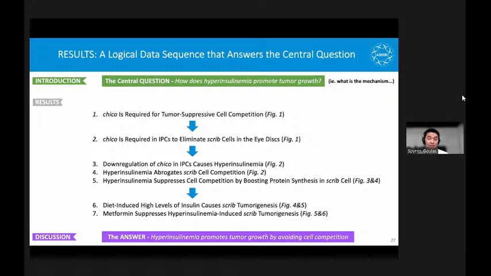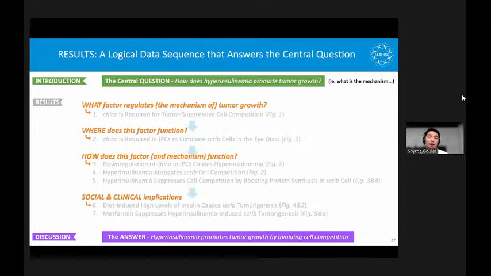For the purposes of simplicity, if we just describe the essence of what each subsection or group of subsections are showing, it would look something like this, where the paper identifies first what factors regulate the mechanism of tumor growth, then where this factor is functioning, and how this factor and mechanism is functioning, which in terms of data is the climax of the story, showing that the overproduction of insulin leads to tumor formation by avoiding cell competition.